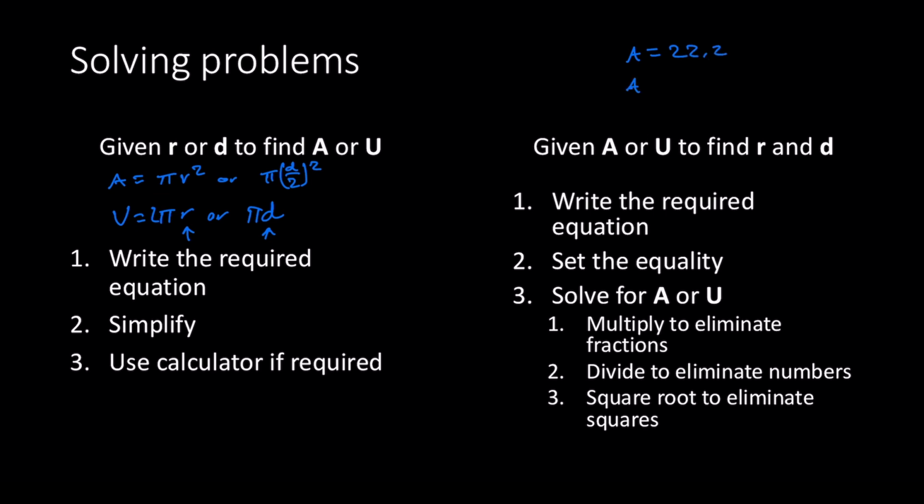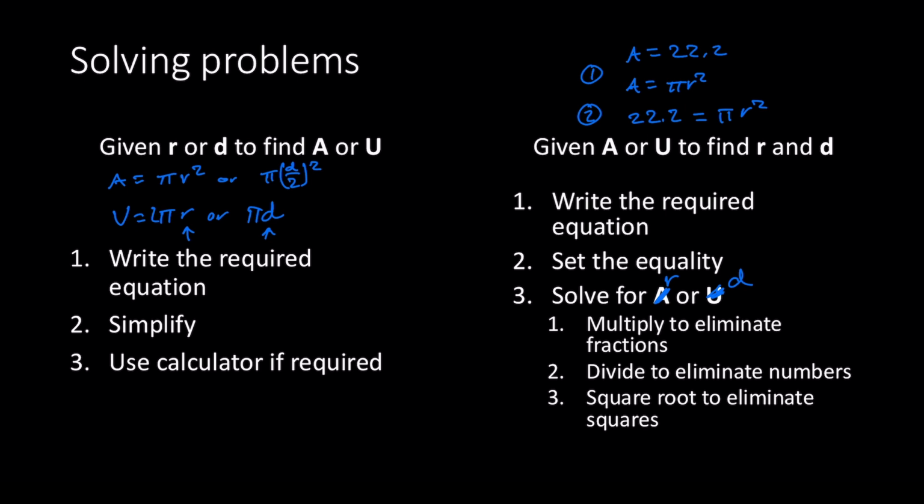Well, then you write A equals pi r squared, and this is step 1, write the required equations. Step 2 is to set them equal to each other, so 22.2 equals pi r squared. And step 3 is to solve. This is wrong, this should say r or d.